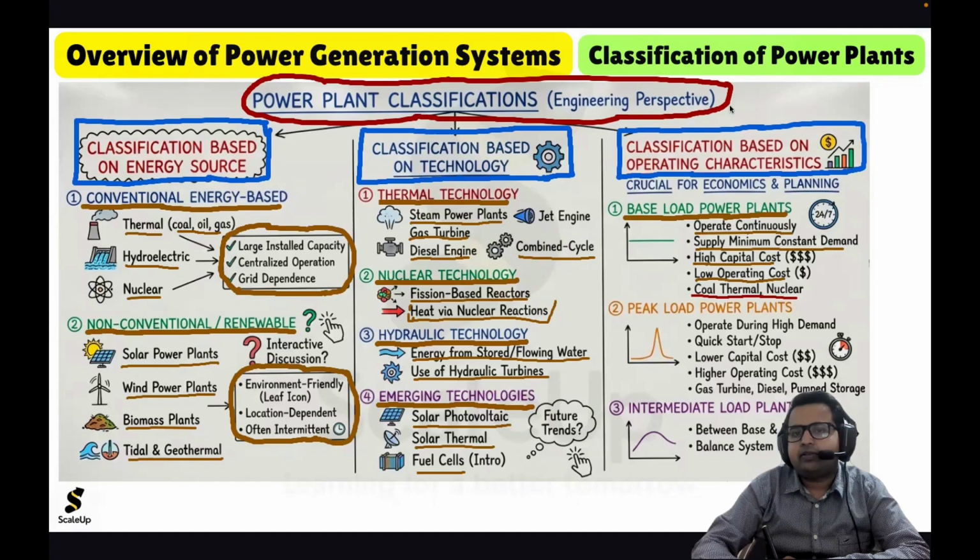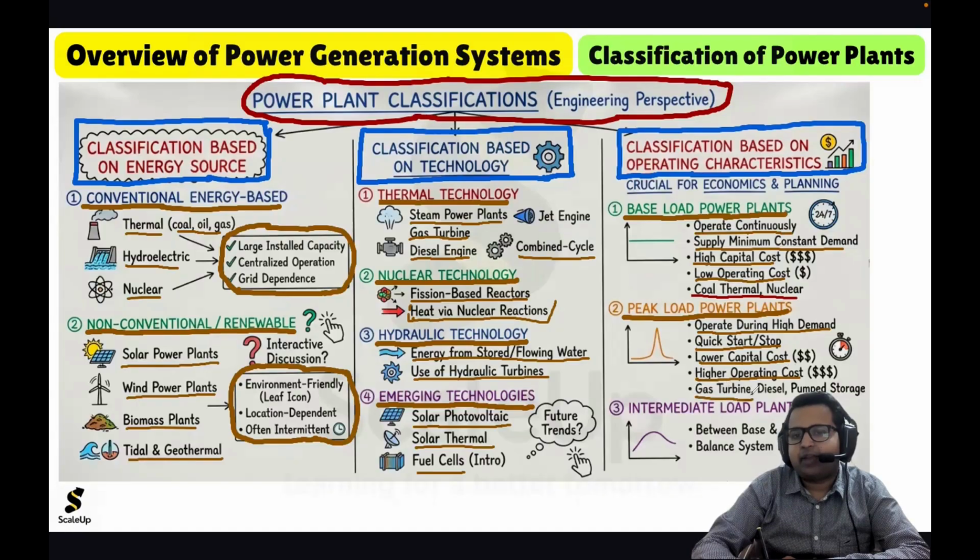Then we have peak load power plants. They are used to generate power only during the peak demand. They will not generate power continuously. They operate during high demand. They have quick start and stop functionality. They have lower capital cost, higher operating cost.